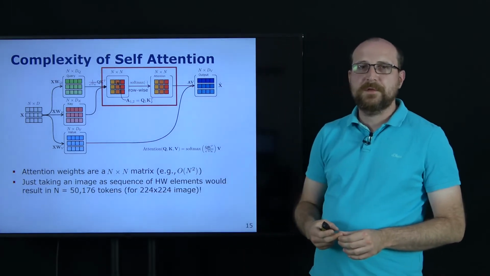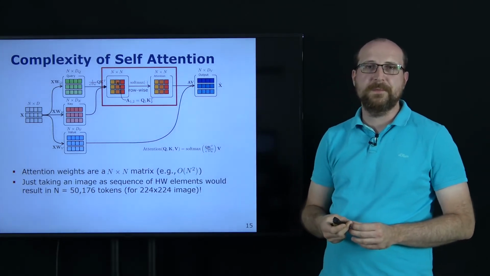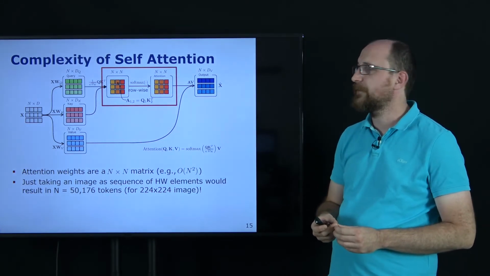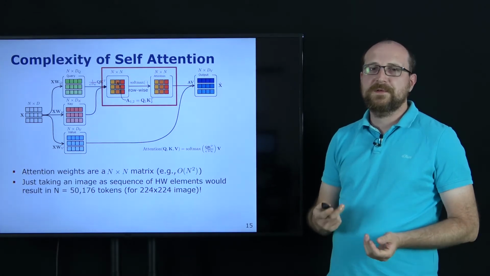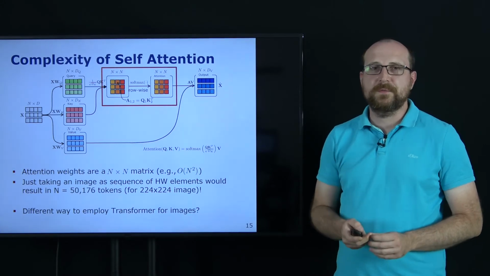And when we have these 50,000 tokens, we have to produce basically a 50,000 by 50,000 dimensional matrix. So we will soon reach the limitations of the memory. So the question is now, can we still use the transformers for images? And is there maybe a different way to do it?